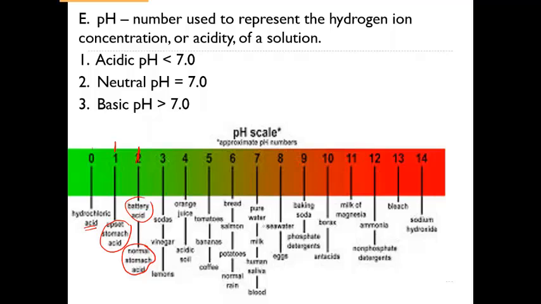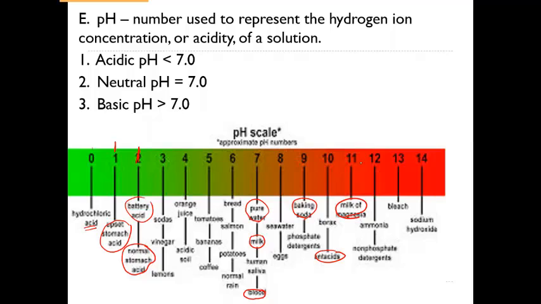Things that are very neutral, pure water is at a 7, milk is at a 7, the blood that you have is at a 7 as well. So those are things that are neutral. Things that are basic, baking soda is a base, also like antacids. So if you have an upset stomach, maybe you take Tums or milk of magnesia.